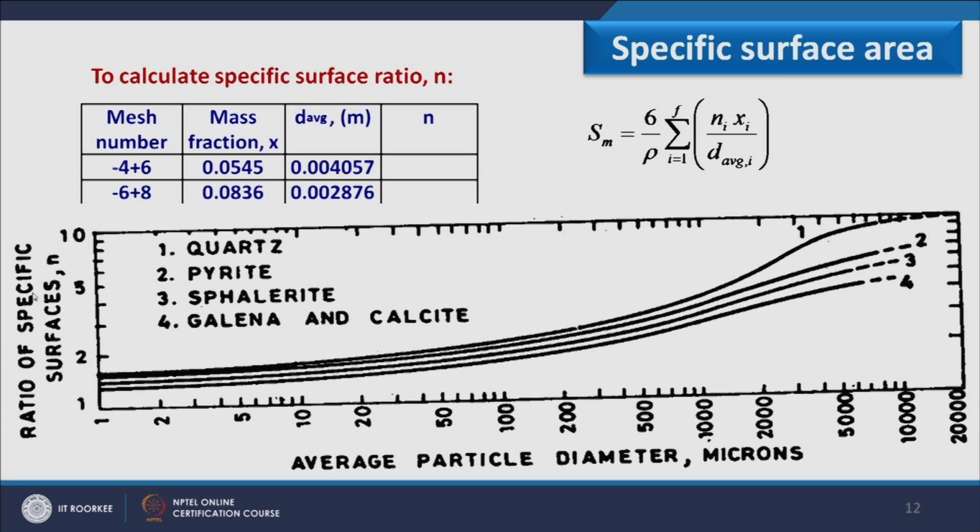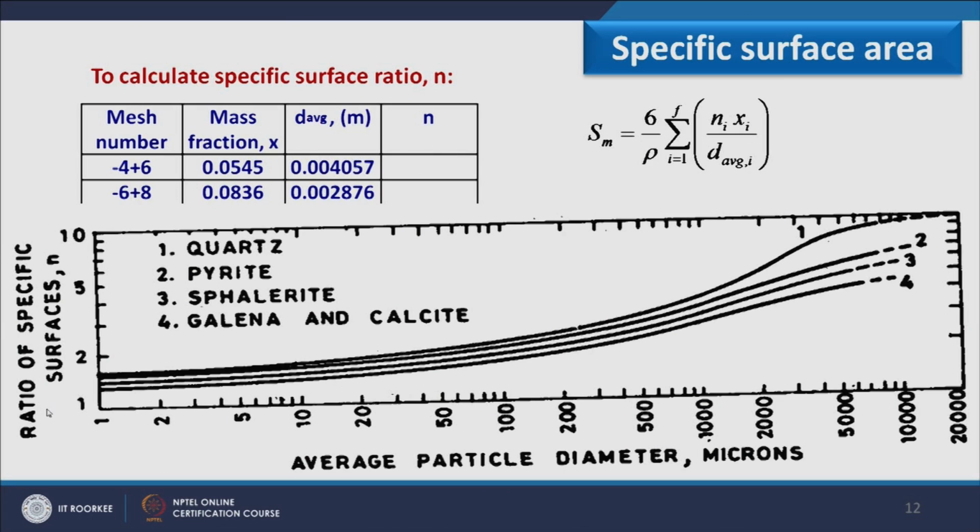Further, we have to calculate the value of n_i, that is the specific surface ratio. Now, if you remember, this specific surface ratio for different materials we can see through a standard graph, and here I have that graph which is plotted between the ratio of specific surface, that is n, versus average particle size diameter, that is in microns. If you remember, the material is pyrite, which is shown by the 2 number plot in this graph.